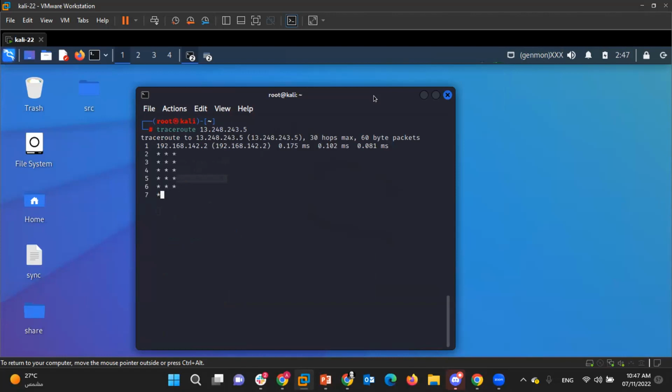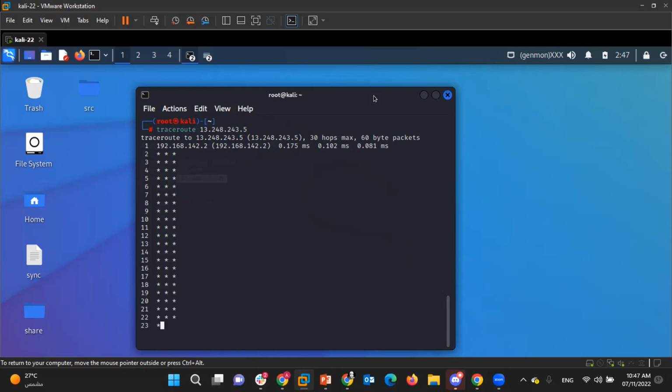This scan can give us an idea which networks this IP goes through until it reaches our service, or the potential service we need to attack.